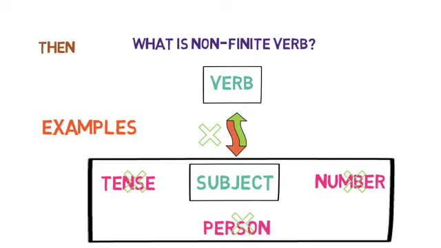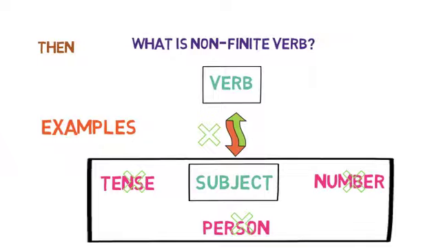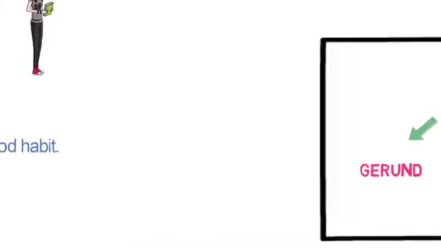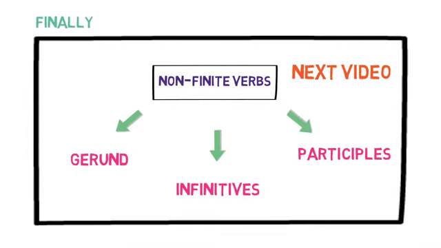It doesn't change as per the tense, person and number. Then we understood the usage of non-finite verbs in the sentence. They are used as adjective, noun and adverb in the sentence. Finally, we showed the division of non-finite verbs. They are divided into three parts: participles, gerunds and infinitives.